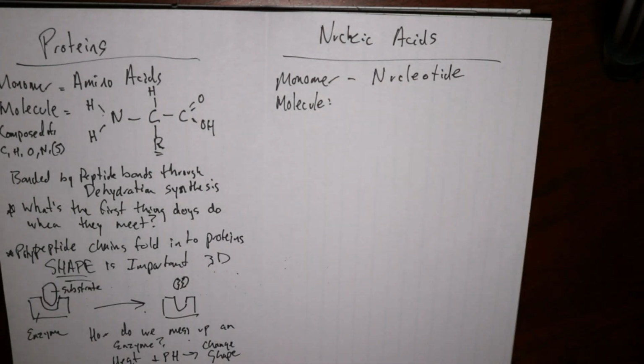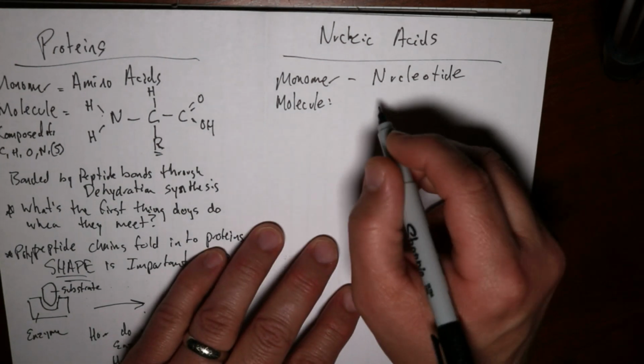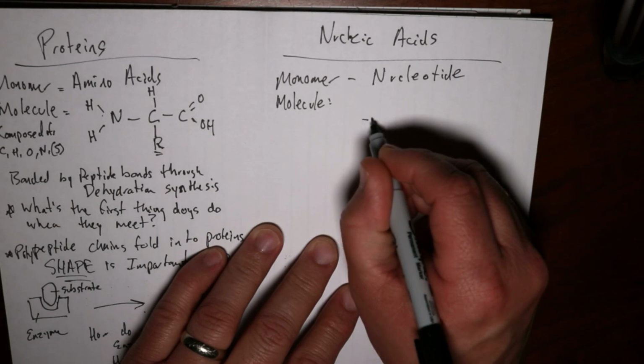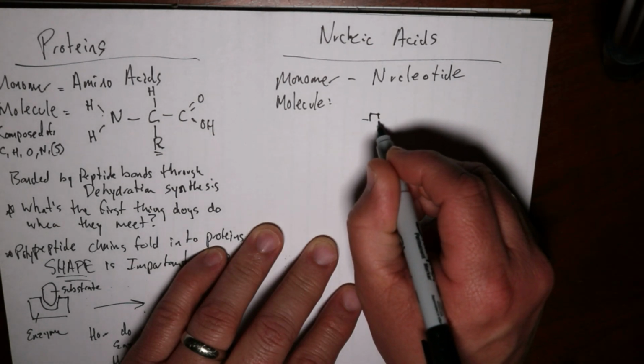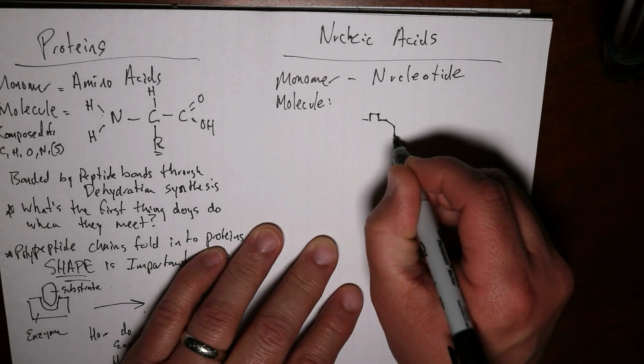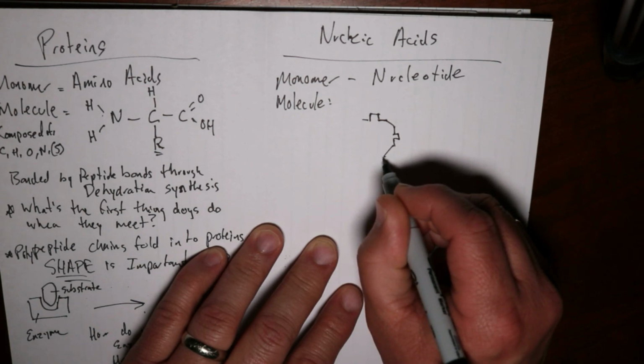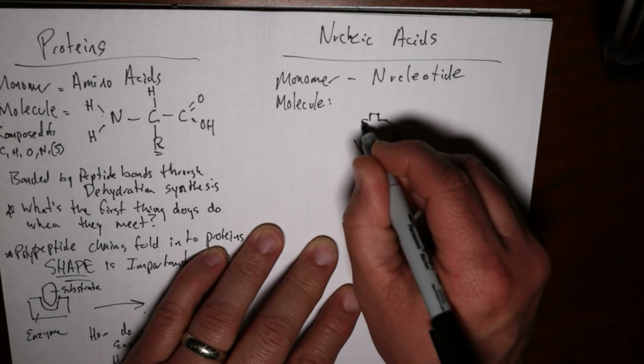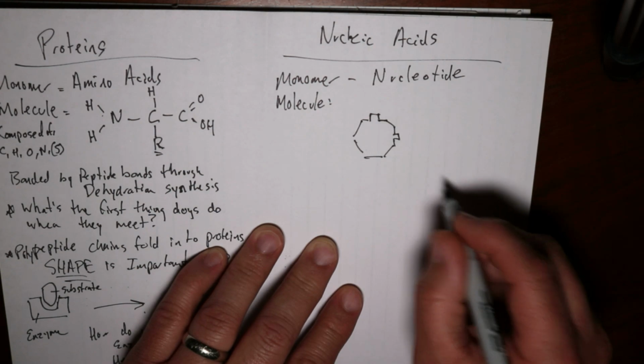Well, the molecule is big because it's made of a whole bunch of stuff. And I actually have it drawn out here. But you know what? I think we're going to skip that. We're going to draw it differently than I have it drawn out with all the carbons and the phosphates and everything. Let's draw it like this. What if I draw this? Does that ring a bell?